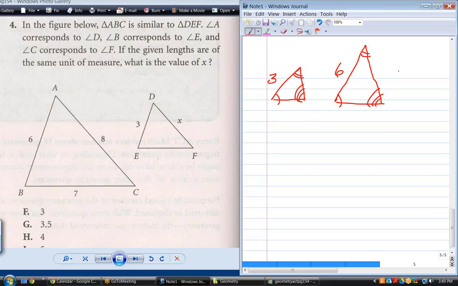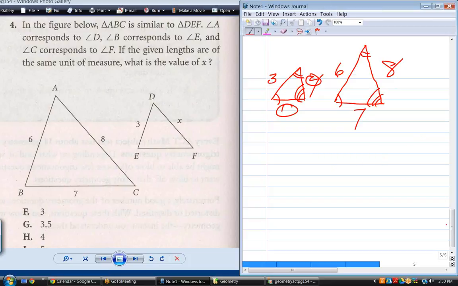So if this is 8, what must this be over here? 4. And if this is 7, what's this one? 3.5. Sorry, 3.5.